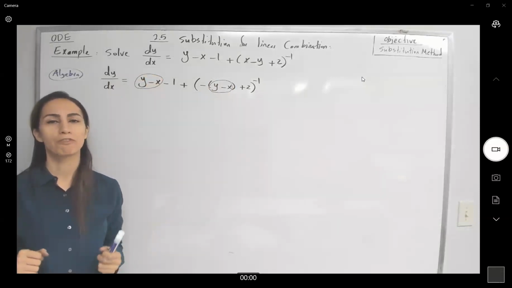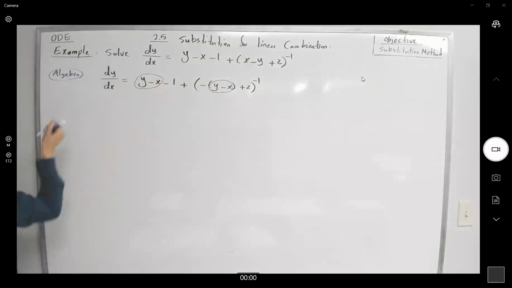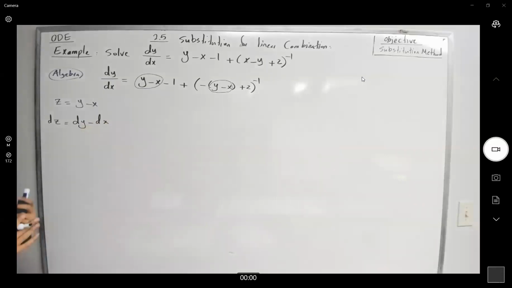You can use a variable like u, v, z, and define z to be y minus x. Then you need to find the differential of z as well. The differential of z is equal to dy minus dx. Now here you have dy over dx, so eventually you're going to replace that using this new differential.